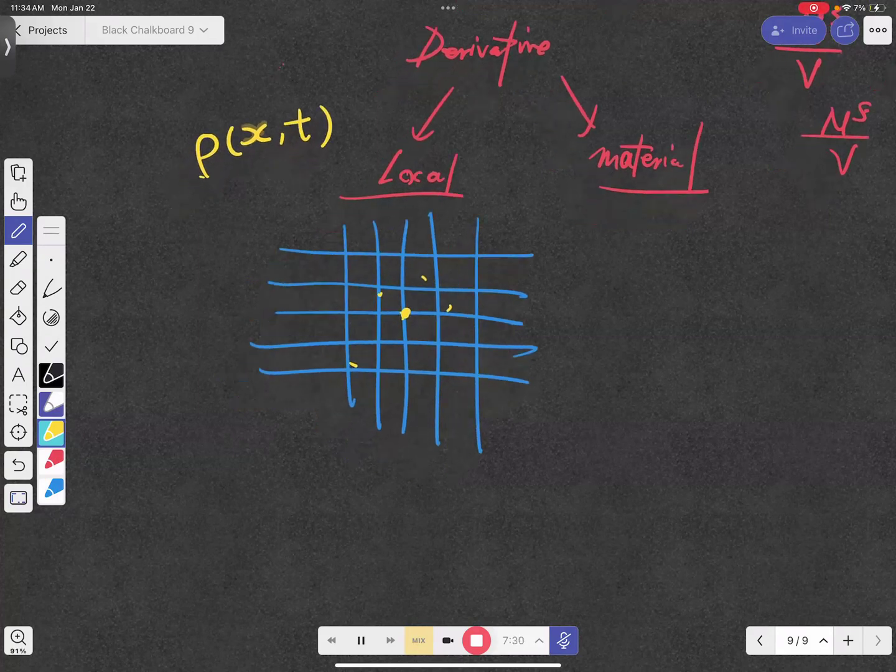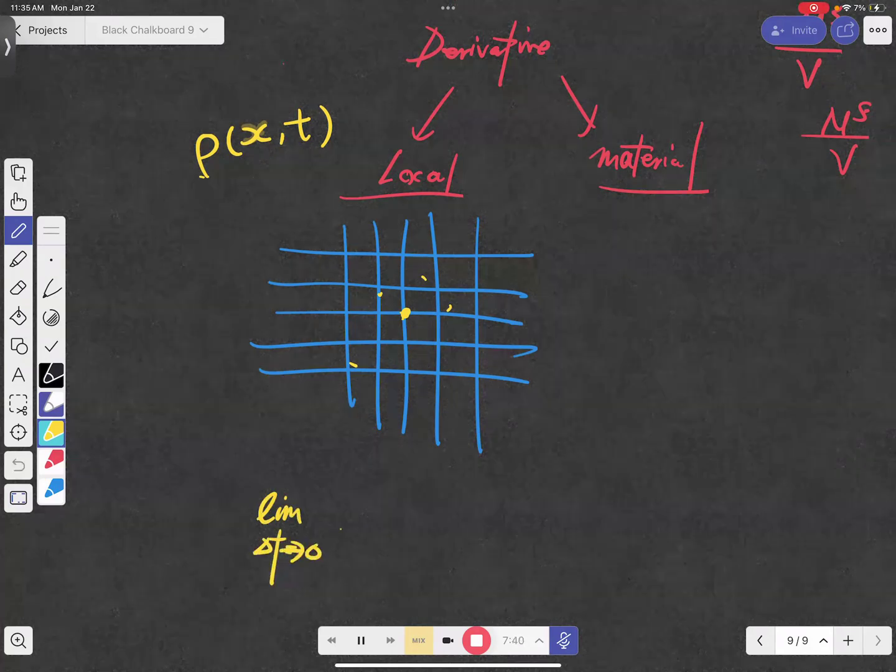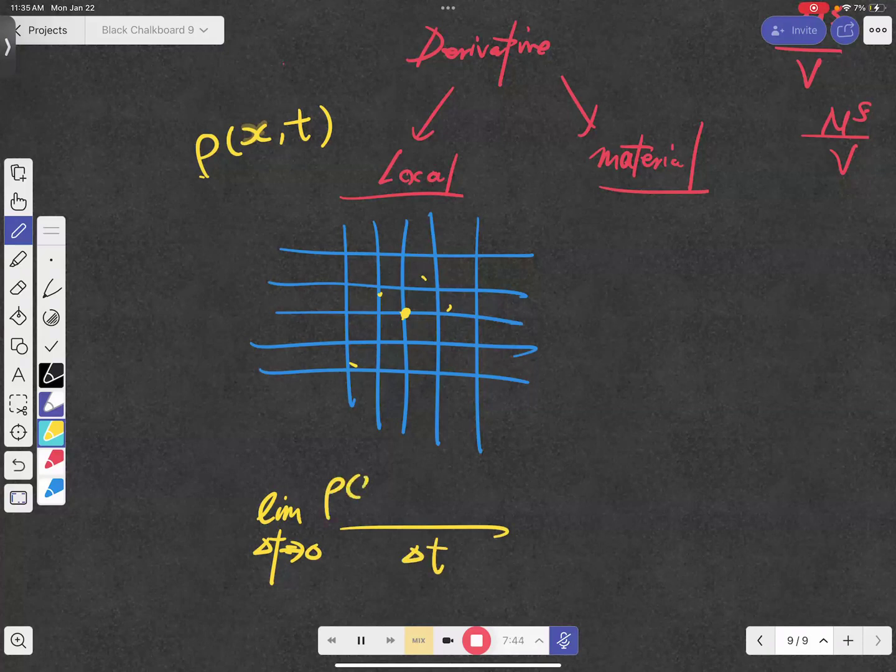Now, how do we keep track of the change in time? For that window, I would simply take the limit of delta t going to 0, while preserving the position in space.